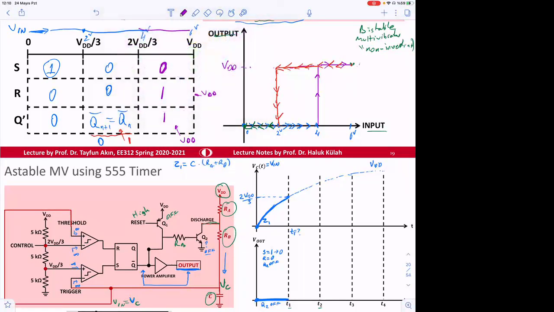So here, S is 0, but R becomes 1, and therefore the signal starts switching. When the signal goes to 4 volt here, the output will switch to VDD and will remain VDD.